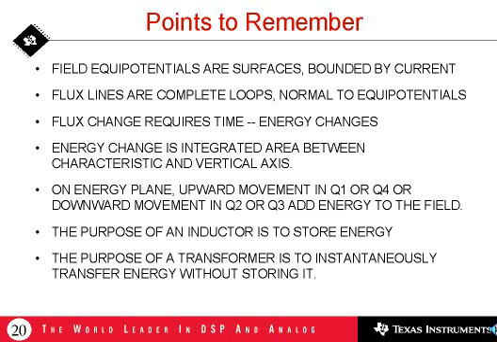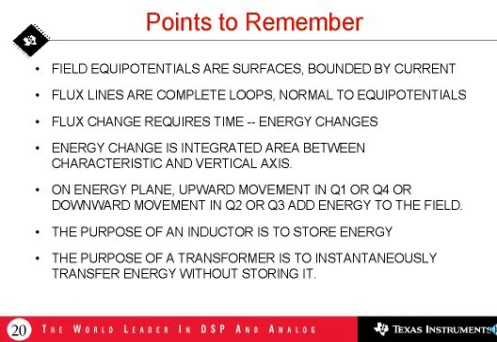The energy change is the integrated area between the device characteristic and the vertical axis on this plot of B and H, or volt-seconds versus current. We integrate along the vertical axis because that's the axis where time is involved. And so the resulting integral is the area between the characteristic and the vertical axis.